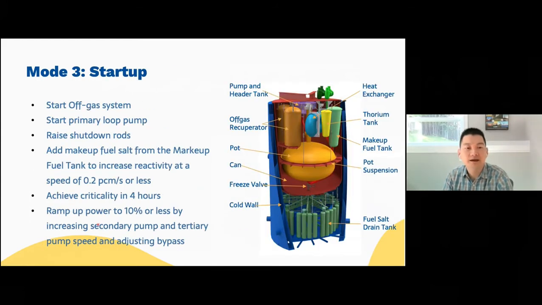Then we can enter the mode 3 startup. In this mode, first of all, we start the off-gas system. It's not clearly shown on this picture, but you can see these off-gas recuperators, where the off-gas goes out from the pump header tank to the recuperators, and it circulates in the off-gas system.